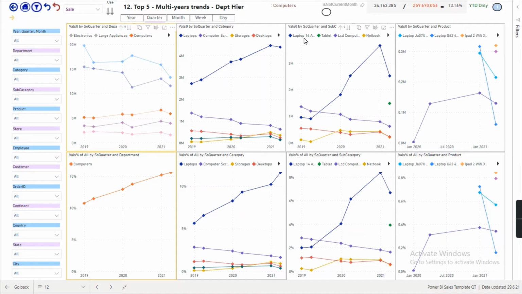And in the computer subcategories, the big laptops over 14-inch are the best, but with a little problem. We are looking at the quarters. So this is first quarter, second quarter. A little problem in the second quarter. And it's a year to date, so it's the same period for each year, from January 1 to the end of June.